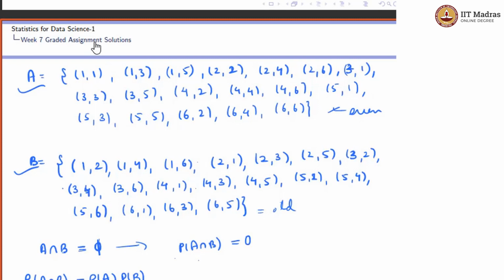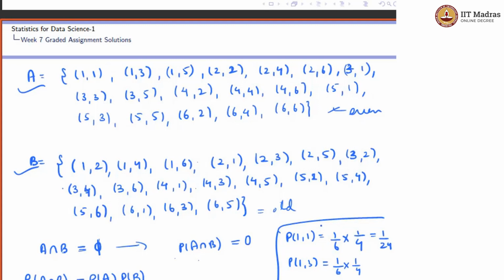So the probability for say 1 1, let's write it here, will be equal to, if one is unbiased and another is biased, 1 by 6 and 1 by 4, which makes it 1 by 24. Similarly, let's look at 1 and 3. That will be 1 by 6 into again 1 by 4, so again it is 1 by 24.